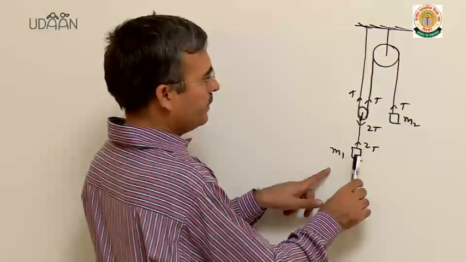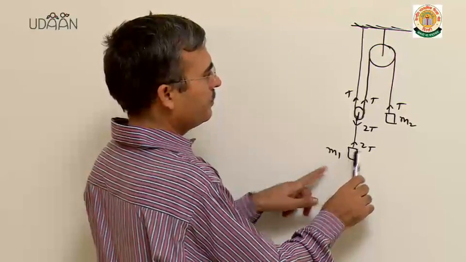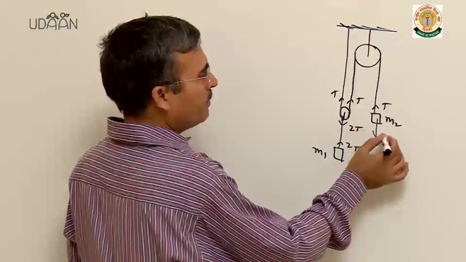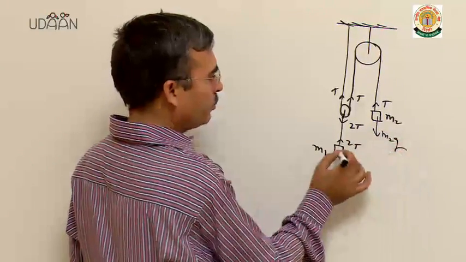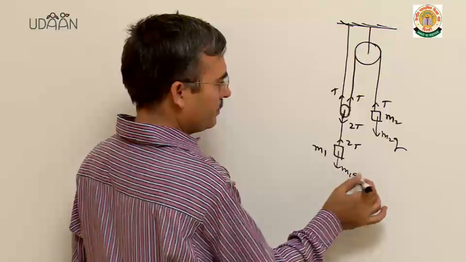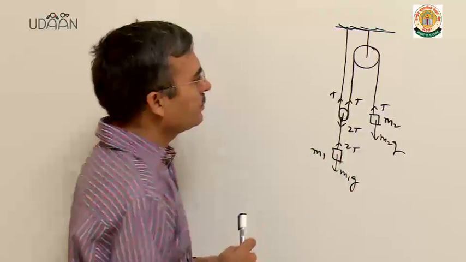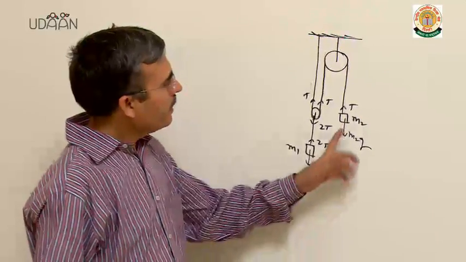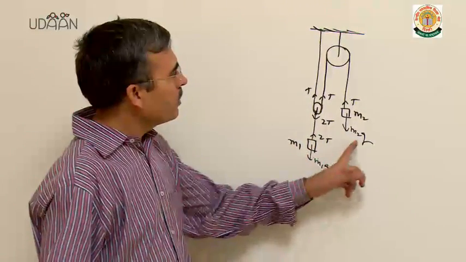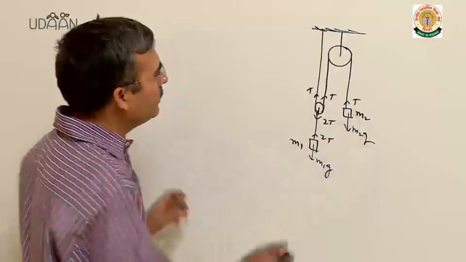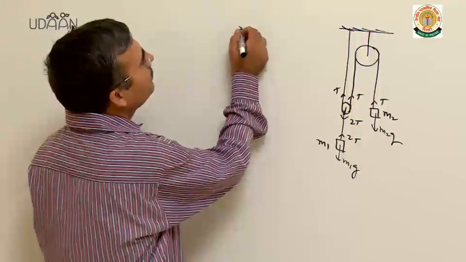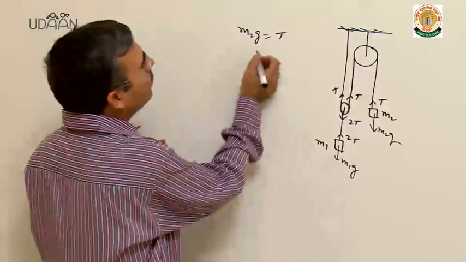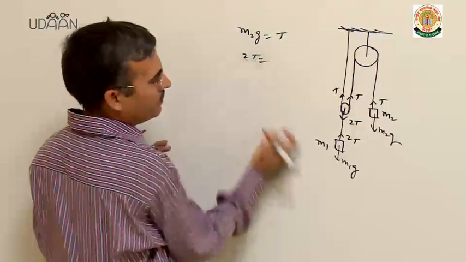If you apply forces here, M2G, M1G, in equilibrium, अगर मैं सोचूं इक्विलिब्रियम, M2G किसके इक्वल आएगा? दैट विल बी इक्वल टू T, और 2T किसके इक्वल आएगा?